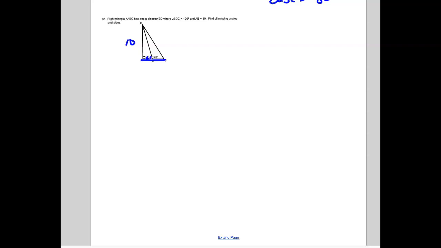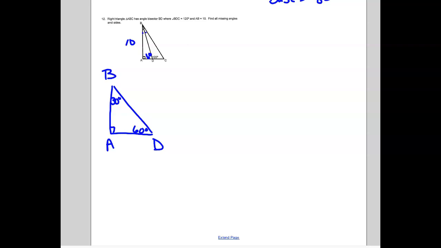So let's look at triangle ADB. We know that this is 60 degrees. We know this is a right angle, so this angle has to be 30 degrees. And we also know that side BD is an angle bisector. That means these two little angles up at the top are going to be equivalent.